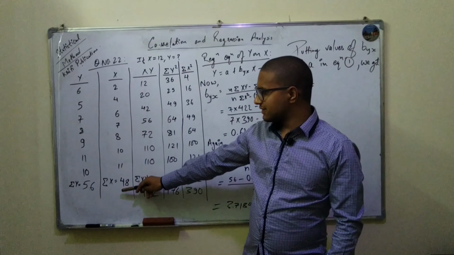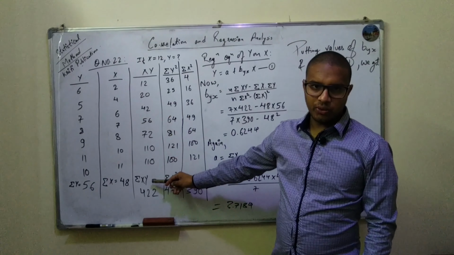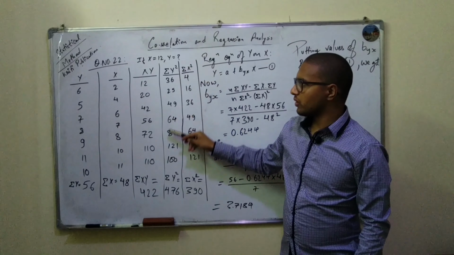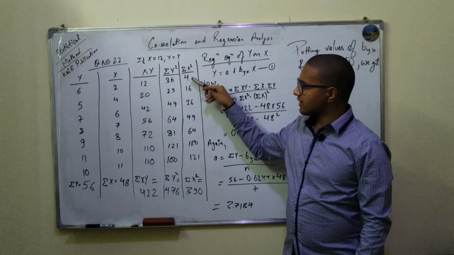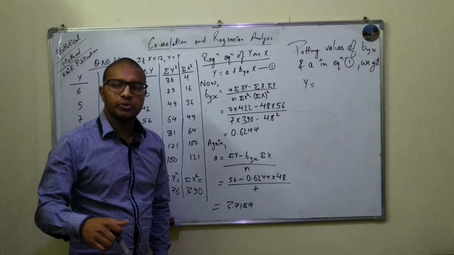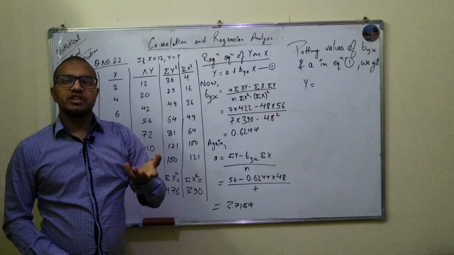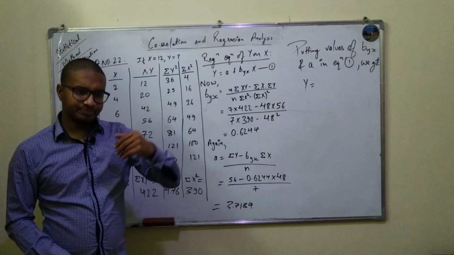So x has been added up, y has been added up. All I've done is x times y, y square and x square. It's a simple table that you have already computed so many times in other questions as well. So we are finding the regression equation of y on x.